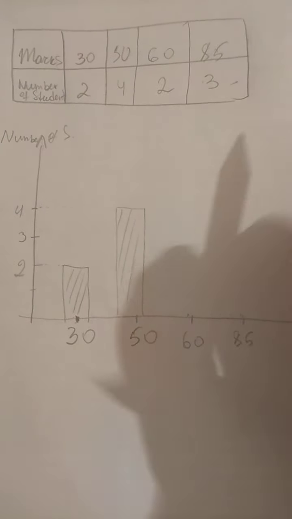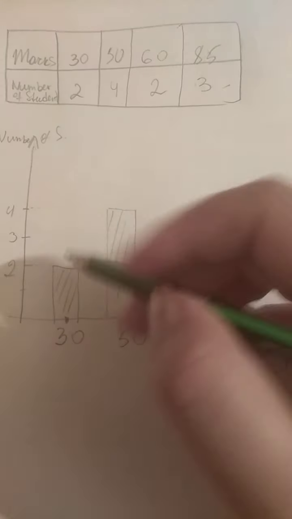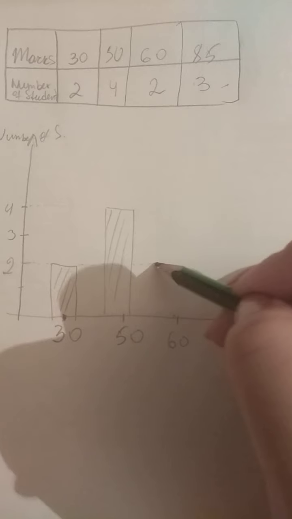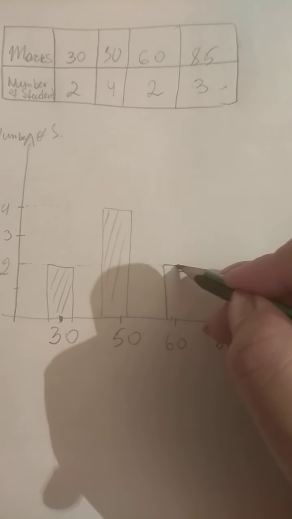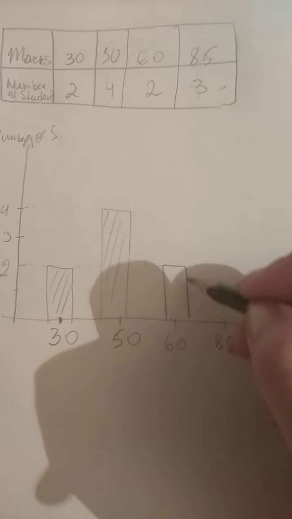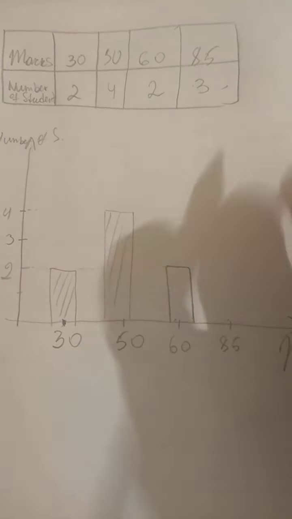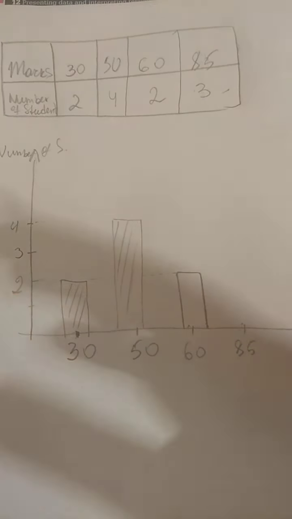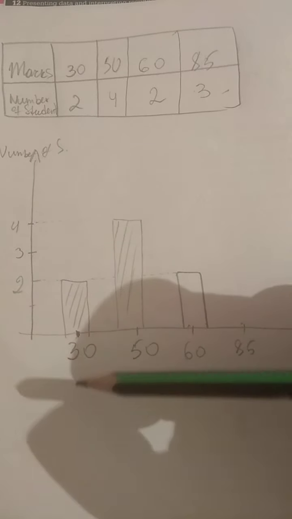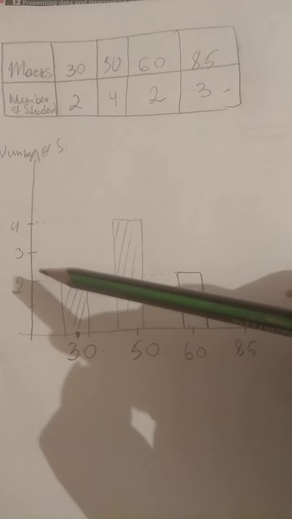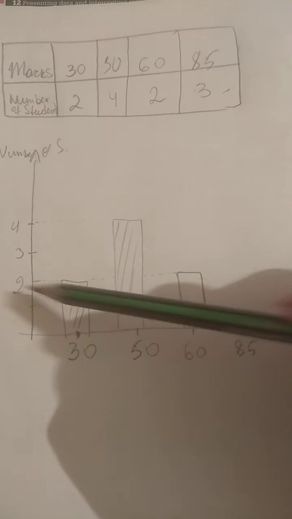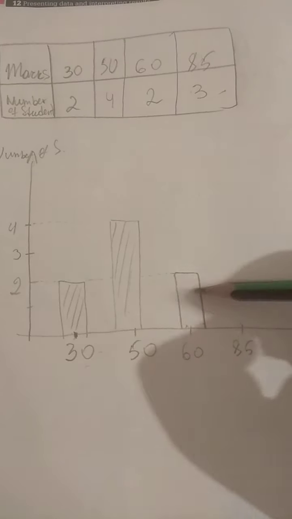And guys, I want to tell you something. A diagram always helps us to see all information briefly and so easily. For example, here when we see our graphs, we can detect, for example, if the number of students is 2, so 2 represents 30, this means 2 students got 30 and 2 students got what? 60.